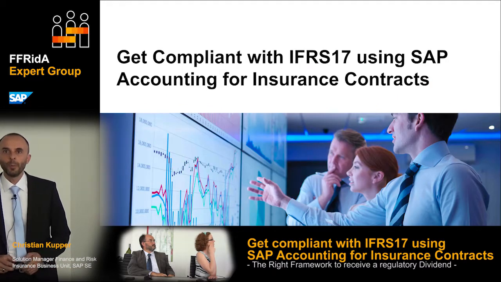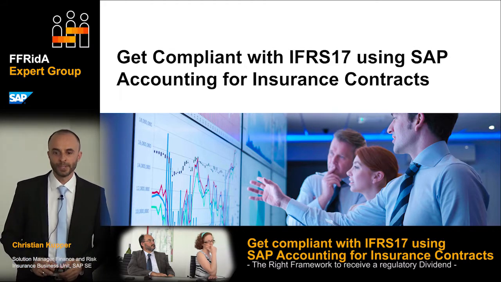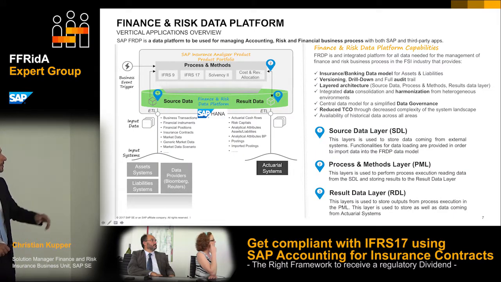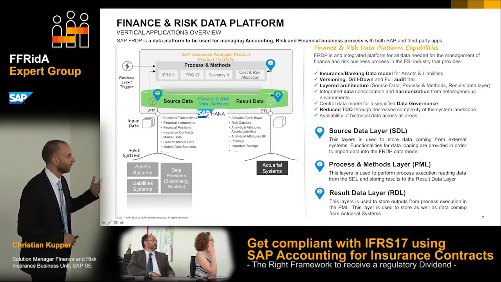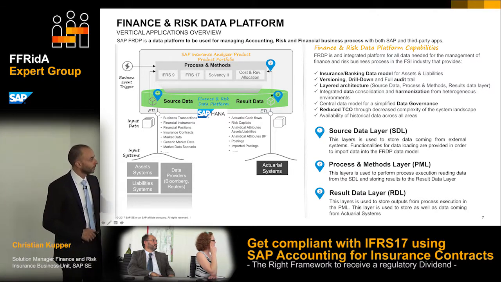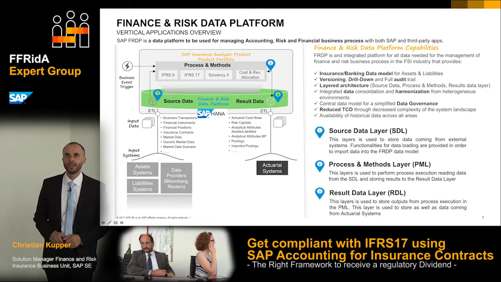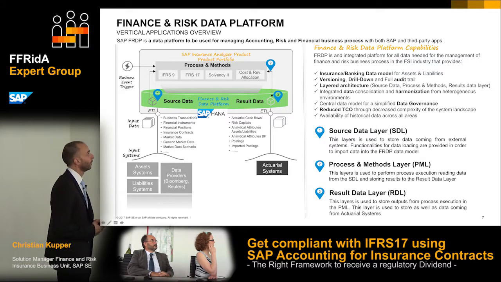But now, getting a bit more precise, having a closer look at how to get compliant to IFRS 17 with Insurance Analyzer. On the left side, you see basically a more detailed picture compared to the one I had in the introduction, where I would go through it from the bottom left. Here we have all the input systems, like the asset systems, the liability systems, and in addition we have data providers for interest rate curves like Reuters, Bloomberg, or another one.